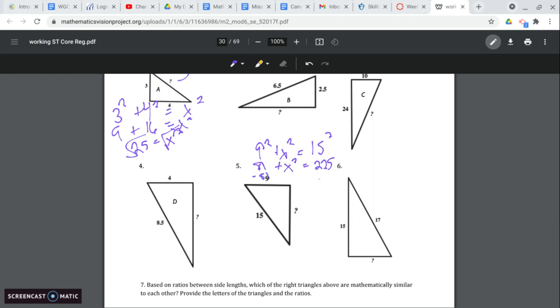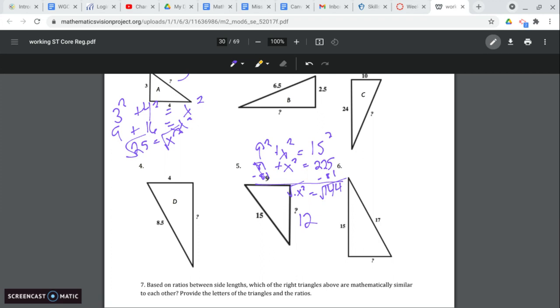Subtract the 81. So now we have x squared equals 225 minus 81 is going to give us 144. We take the square root, and so the square root of 144 is 12. So our missing side length is 12.